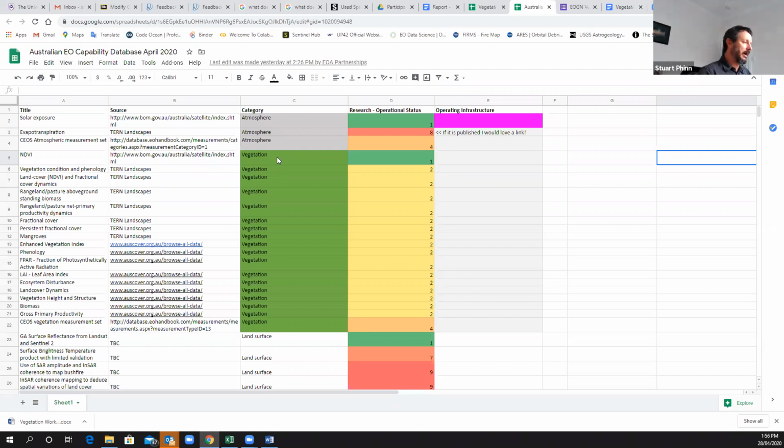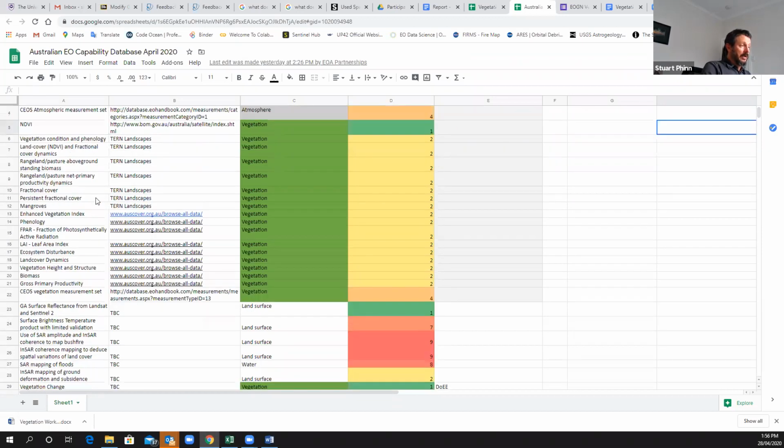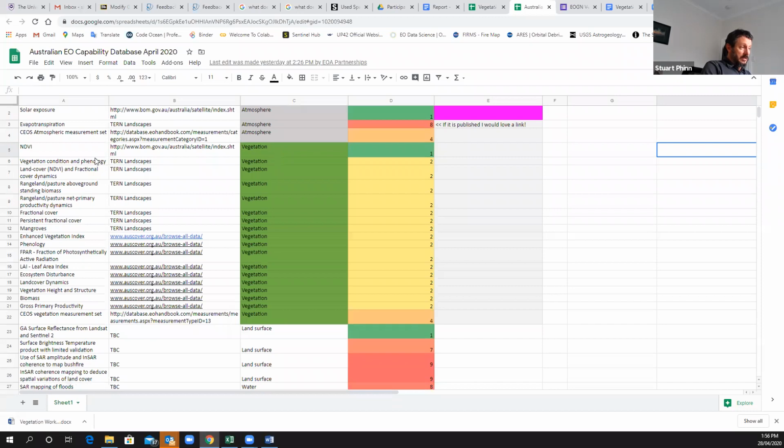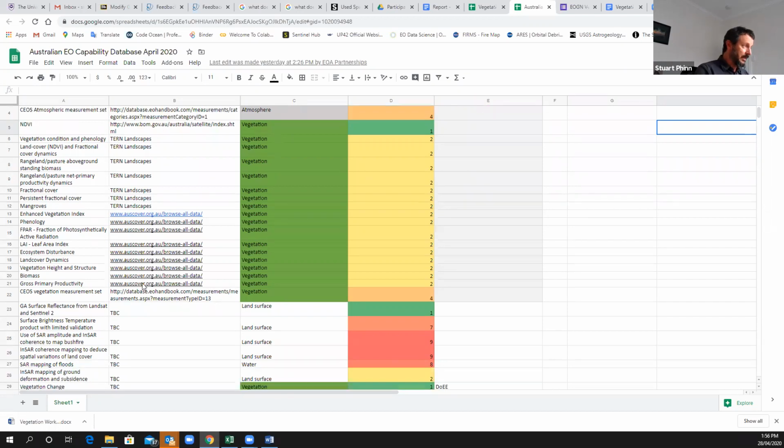Some of those are in research infrastructure, particularly the ones up there, and some of those are national products, some of those aren't. And there's a large number of research products there that could be made potentially operational. That's everything from condition and phenology measures, fractional cover, pasture dynamics, there's mangrove.